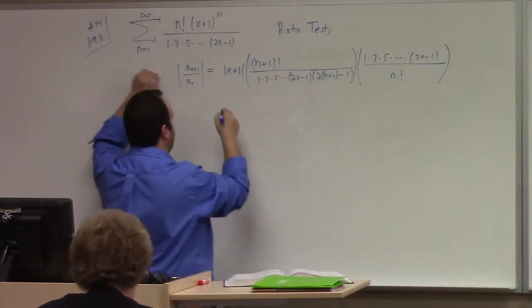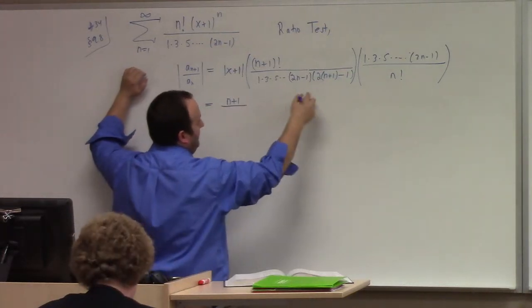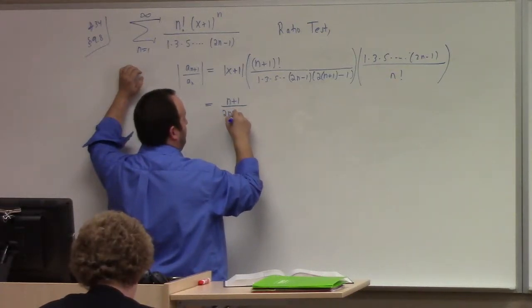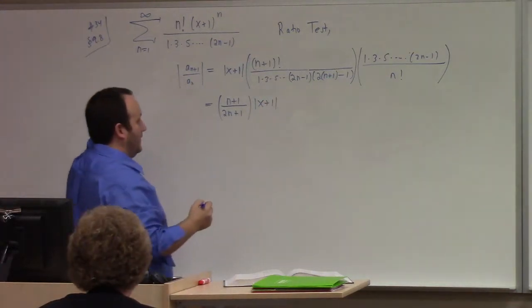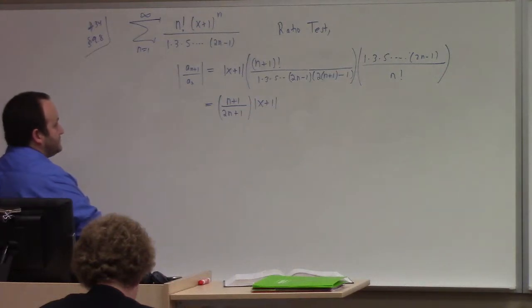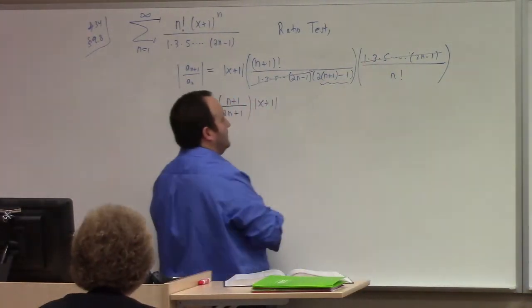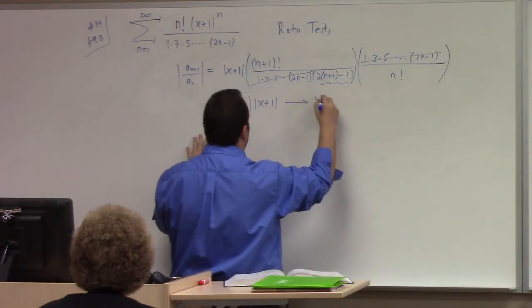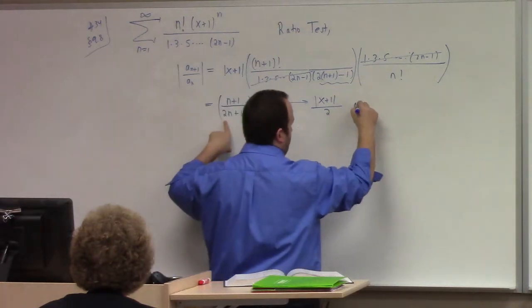And so that simplifies to n plus 1 divided by, I think all that remains here is 2n plus 1, because that cancels with that. It just leaves you the last one. And so that goes to x plus 1 over 2 as n goes to infinity.